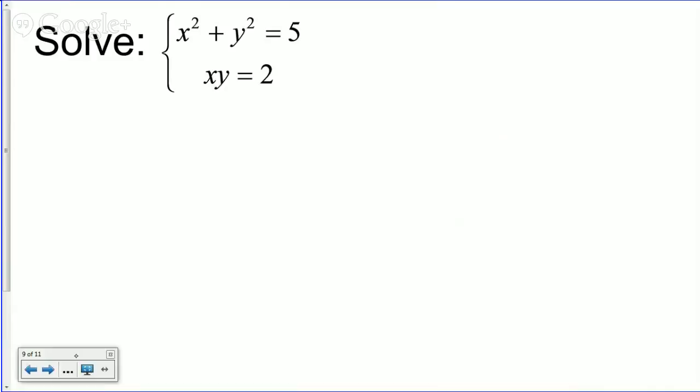Okay, now again with this one, I can't eliminate anything because I don't have like variables. But this one again is a circle. And this one might be a little more difficult because it's not a conic section. But this one is the reciprocal function. And the reciprocal function looks like this.